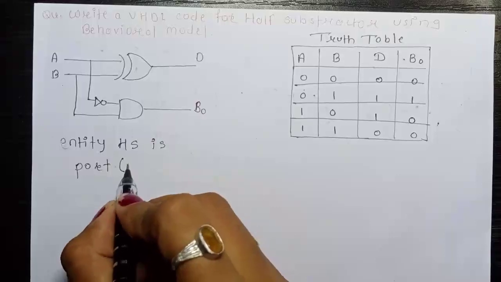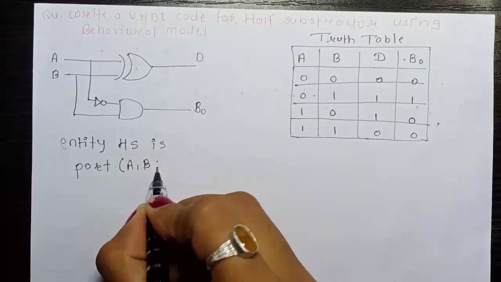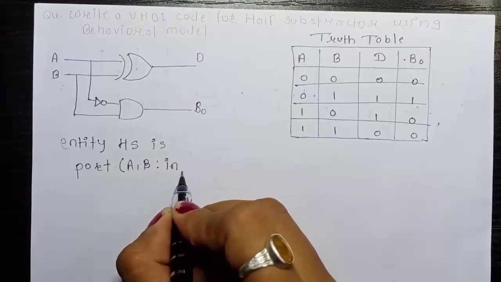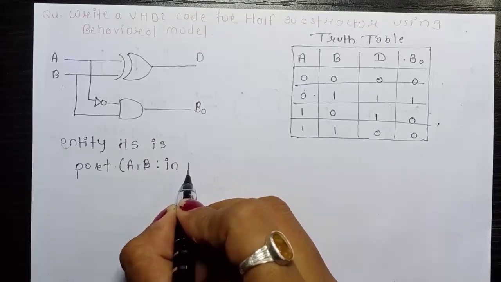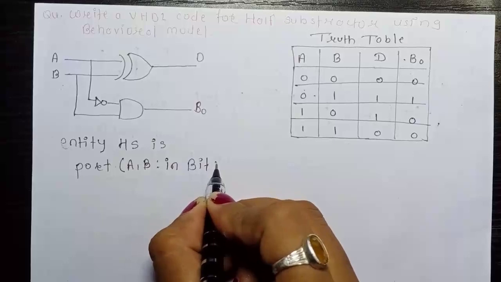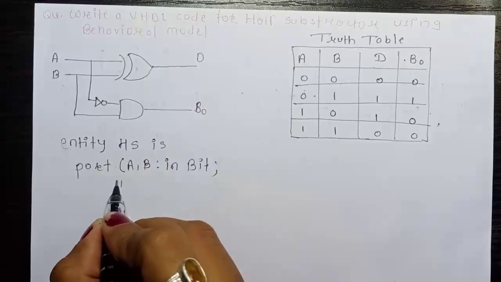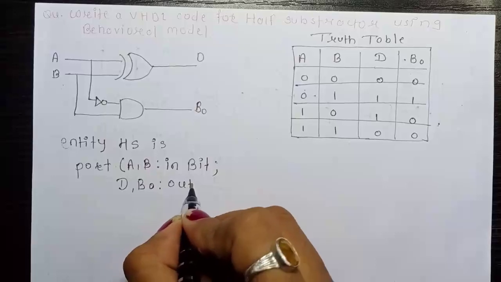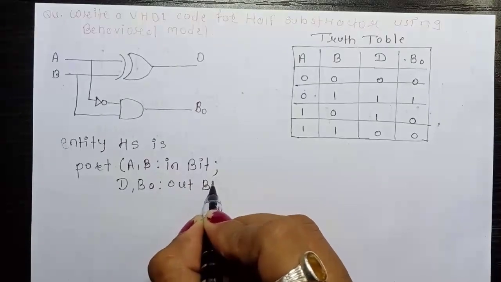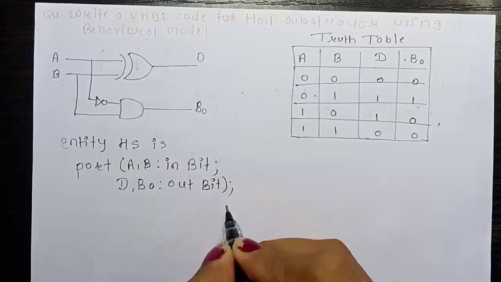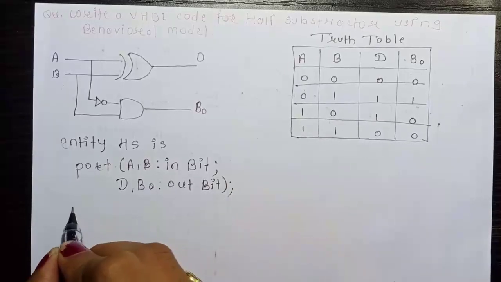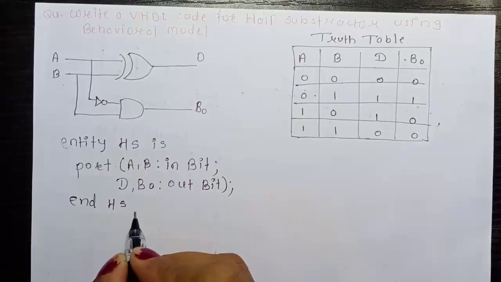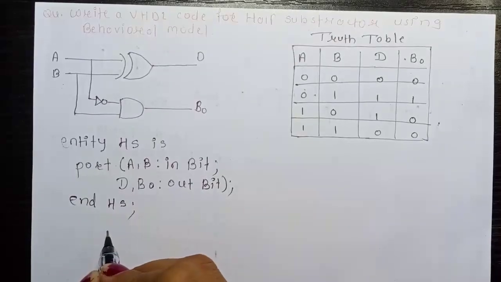So first of all, A comma B. A and B are input type of ports, that's why colon in, and data type associated with it is bit. Then difference and borrow, these two are output type of ports and data type associated with it is again bit. And then end entity, that is end half subtractor.